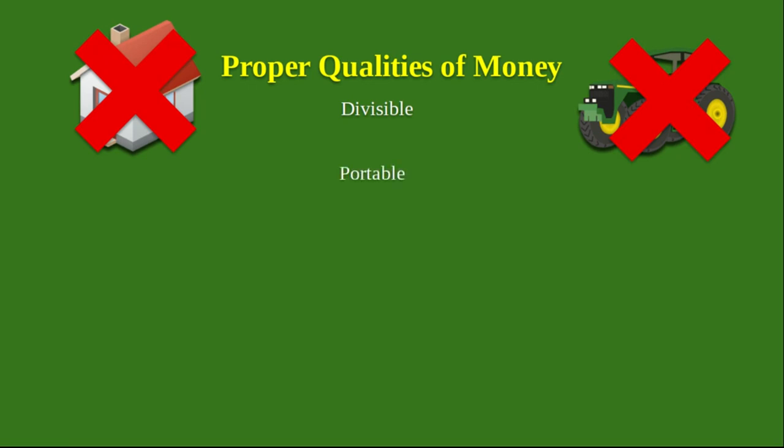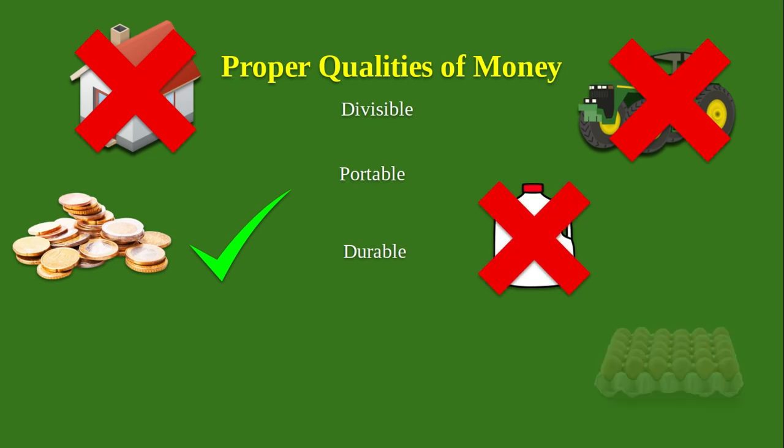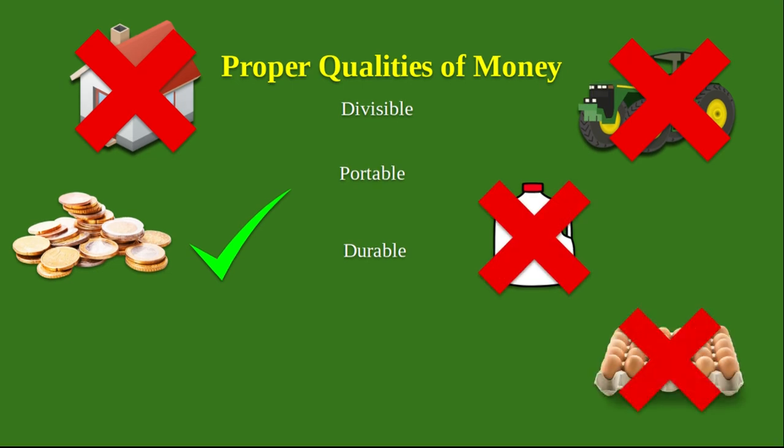And it's got to be portable. So something like coins is ideal. And of course, with gold and silver, you could easily mint coins out of them. It's got to be durable. So perishables like food, milk, eggs would certainly not do.